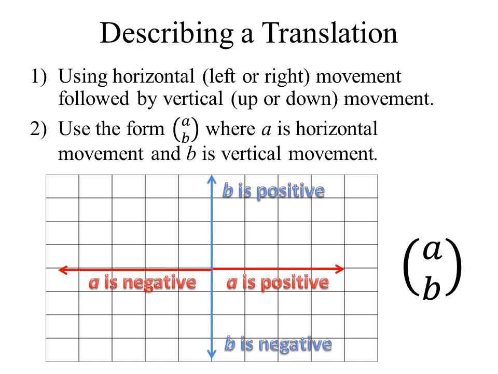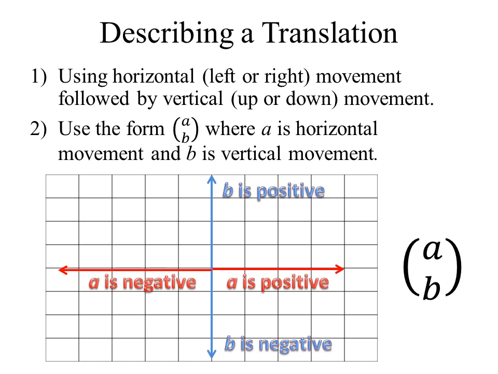If it's left, it is going to be a negative number. If it is right, it is going to be a positive number. This will be above B, which represents vertical movement, up and down. If it moves up, it is positive. If it moves down, it is negative.